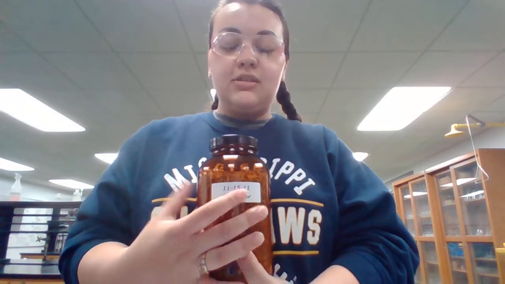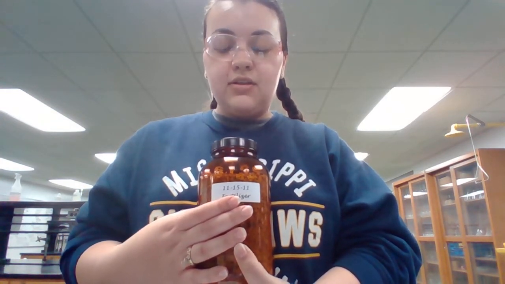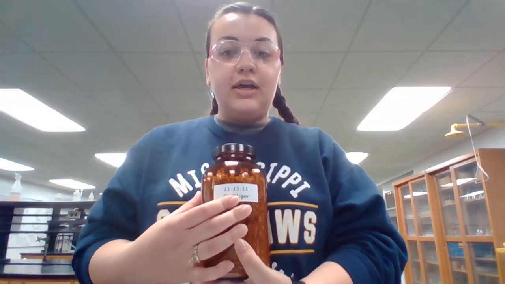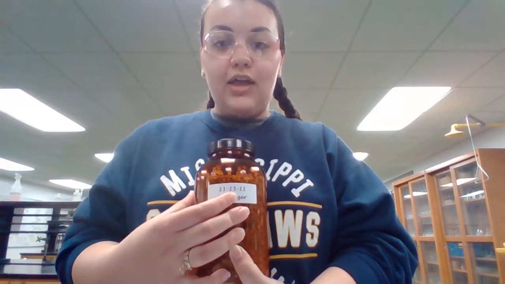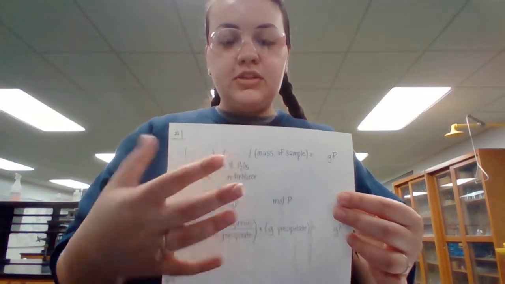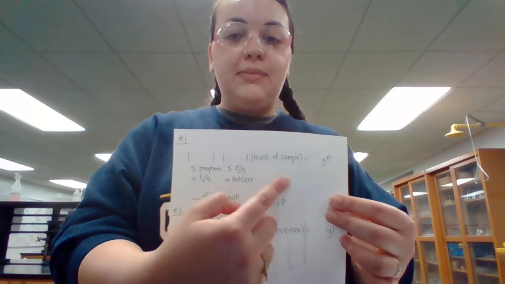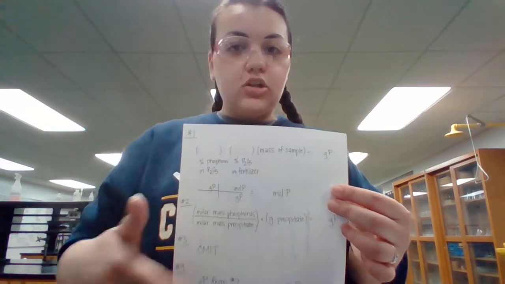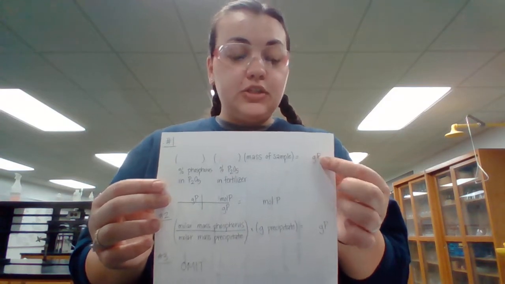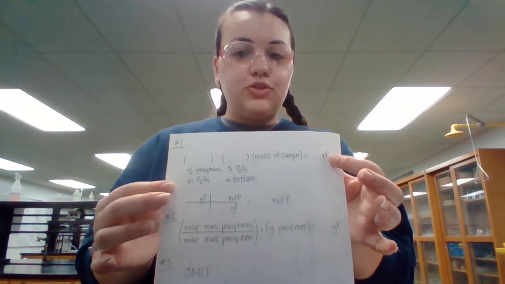So since I'm using 11, 15, 11, then my percent P2O5 in fertilizer will be 0.15 for 15%. So that percentage times this percentage times the mass of my sample, which will be that number that's close to 1 gram somewhere. That will give me grams of phosphorus. So that's the first half of that question.